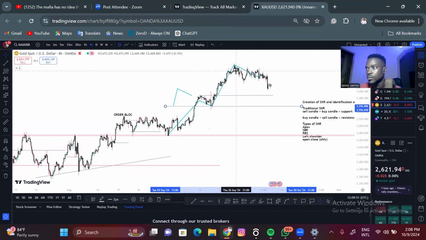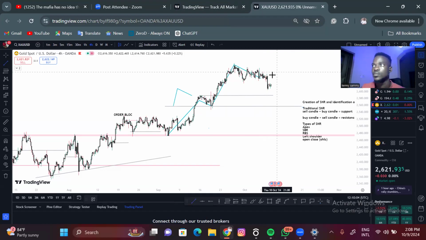And if it is your resistance as well, if the market is coming back, there are different resistances on the way, like as we have mentioned, traditional resistance. So let's make use of the trend lines. When we see a resistance here, you can see that the market has been reacting from this level as well.